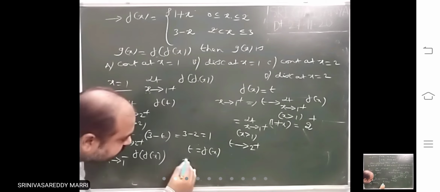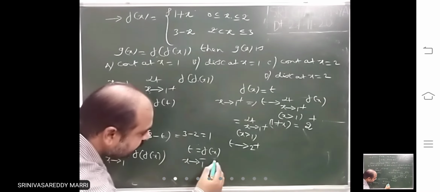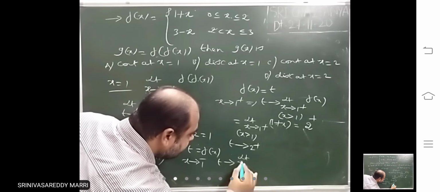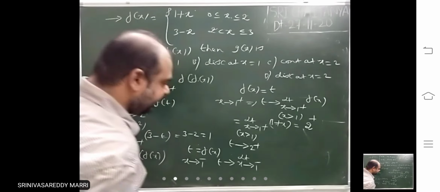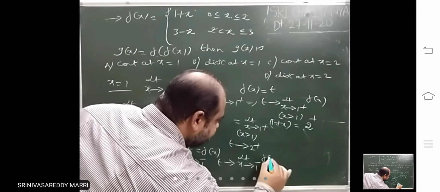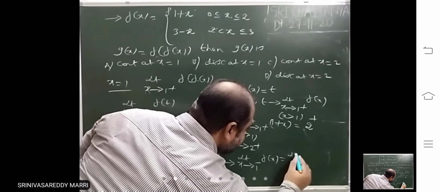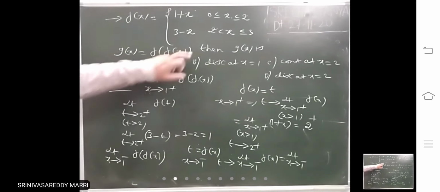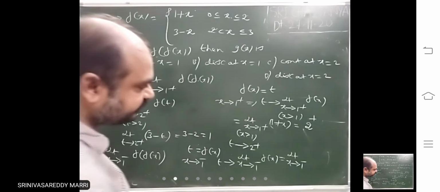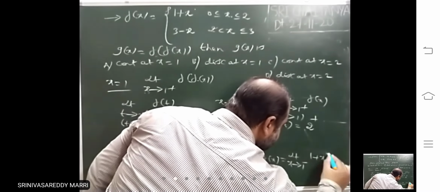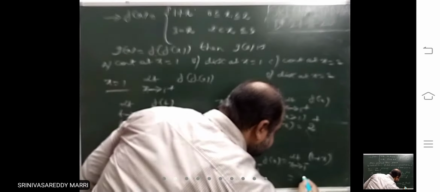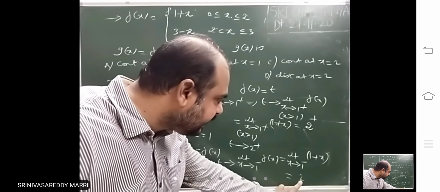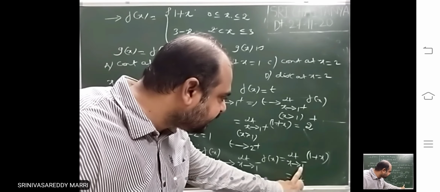Now x tends to 1 minus, where will t tend? For x just less than 1, this is the definition. Now if we substitute 1, this is 2 only, but is it 2 plus or 2 minus here? 1 minus means just less than 1.